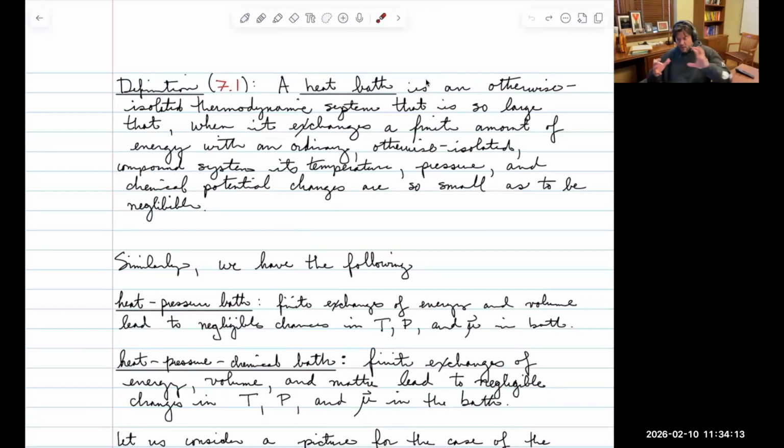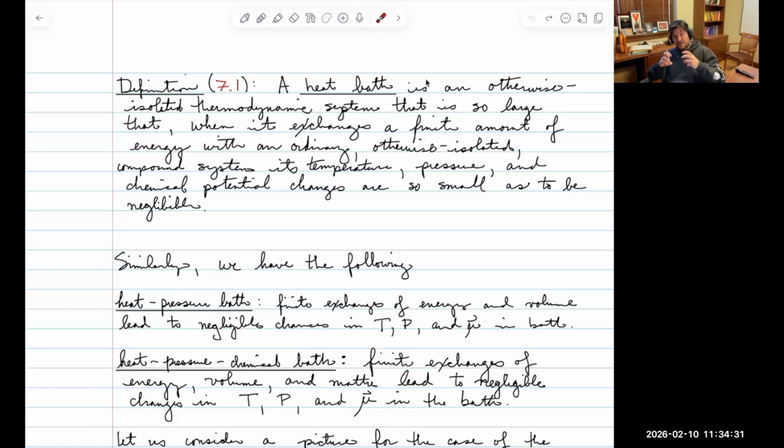If we have a small experiment and we surround this small experiment with a very large pool of water or some liquid substance, then the water or the liquid substance is going to act as a heat reservoir, a heat bath. Okay, and we're going to see what are the implications of having this thing.